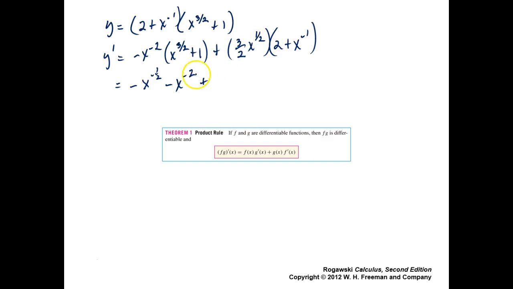Looks like a plus to me. How about a coefficient of 3? Okay, 3 x to the 1/2 power. Very good.